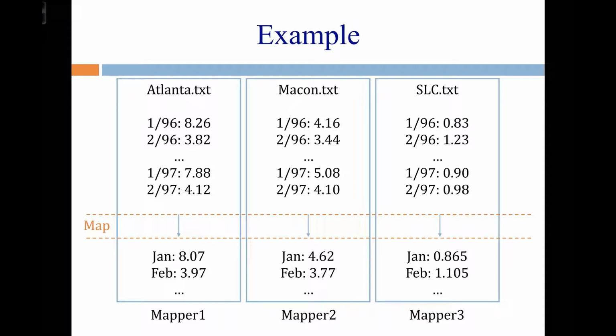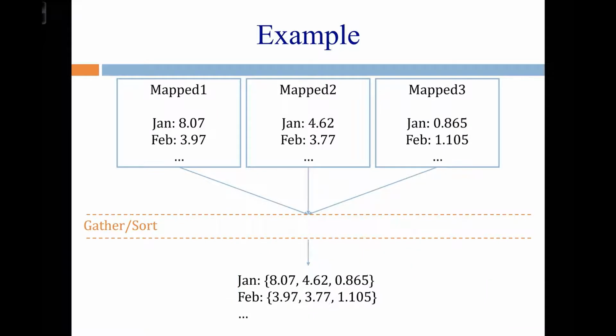Okay, so you'll get thousands of partial January rainfall averages. Then the system, so this is not map or reduce, this is the system's job, takes all of those outputs from every individual mapper and gathers, sorts, and that's how it will decide how to redistribute them to the reduce phase.